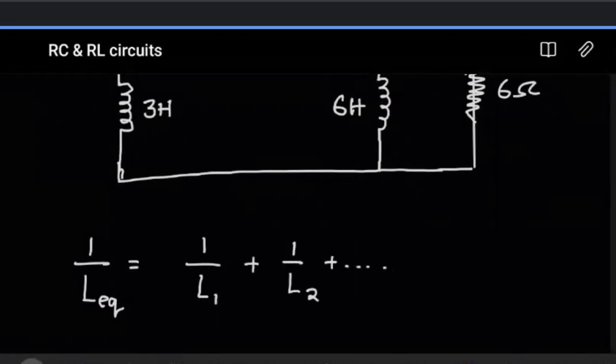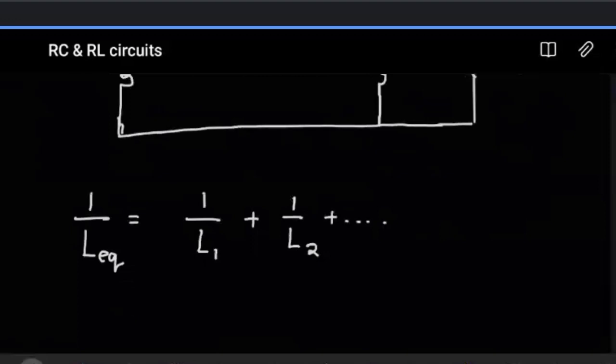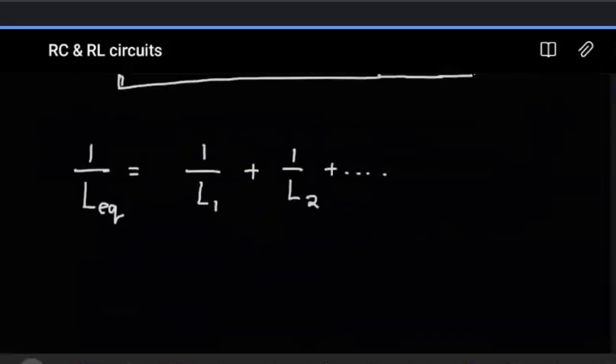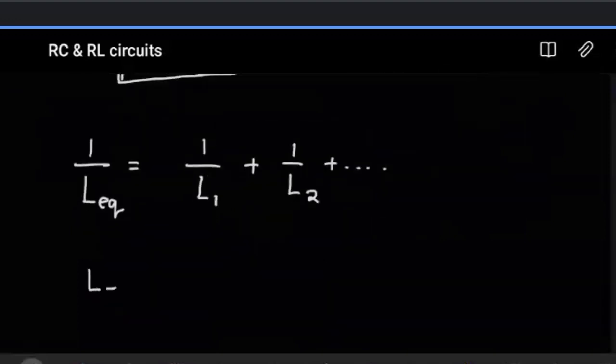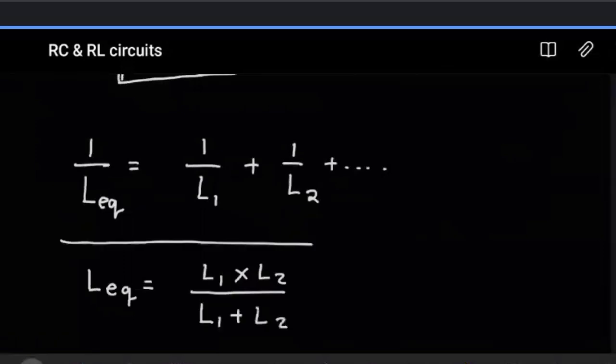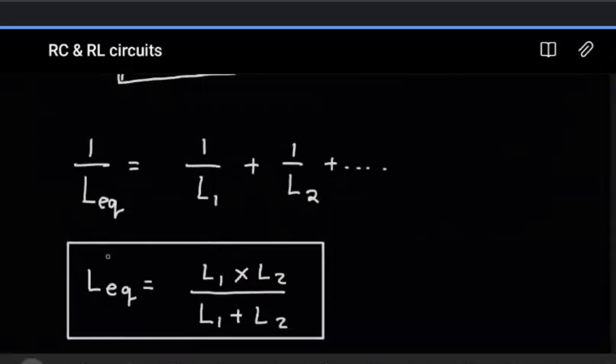So when you simplify this, it becomes L1 times L2 over L1 plus L2. In other words, if you have two inductors connected in parallel, to get the total or effective inductance, you combine them the same way you would combine resistors in parallel.